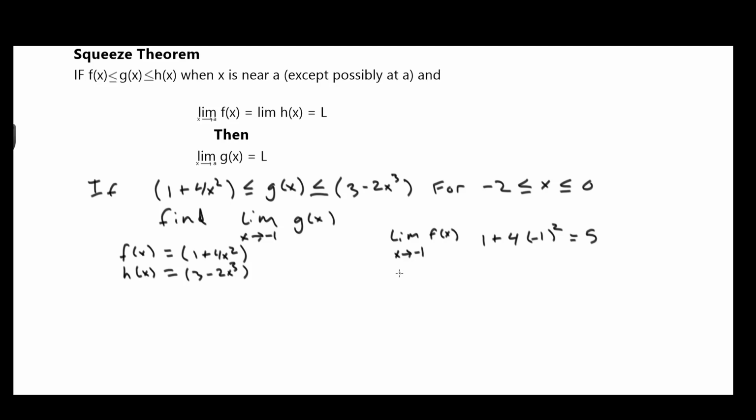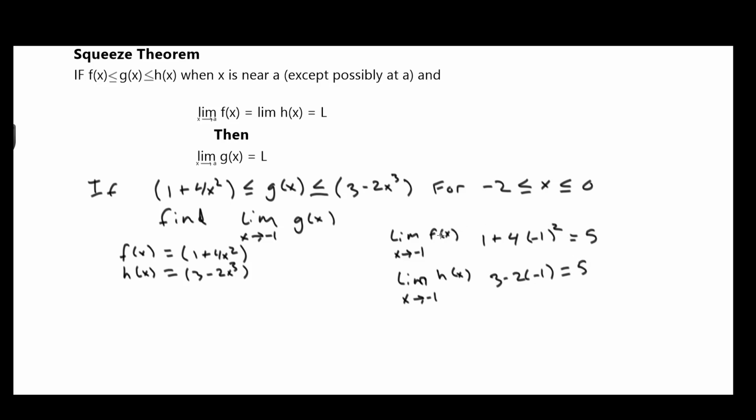If we do the same thing for our h function, 3 minus 2 times -1, we also get 5.